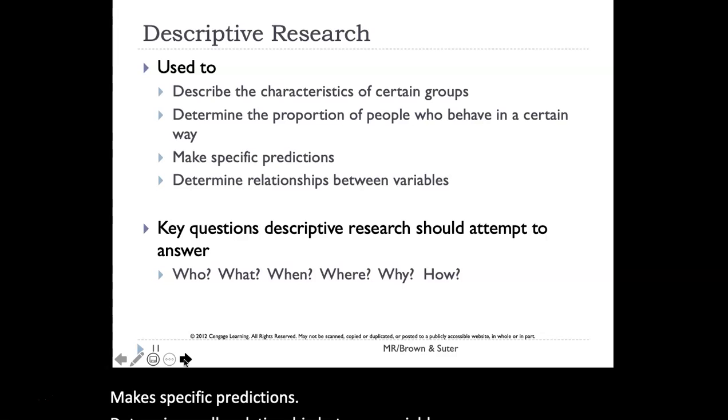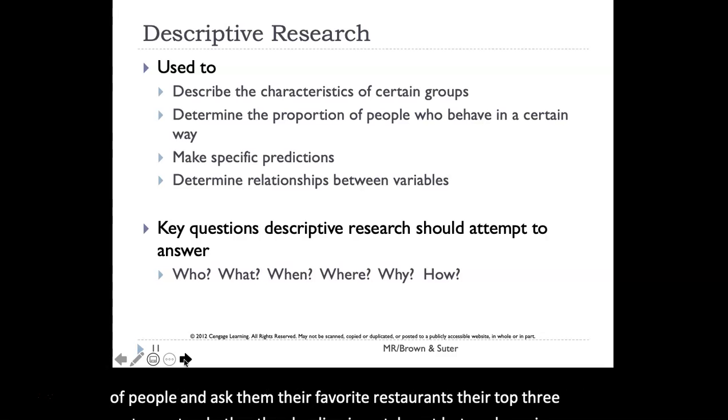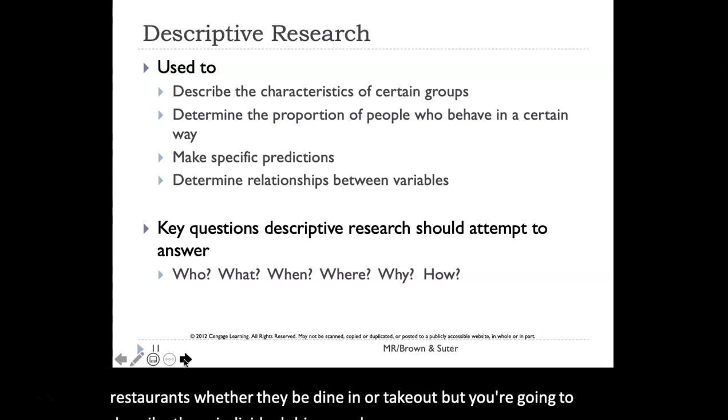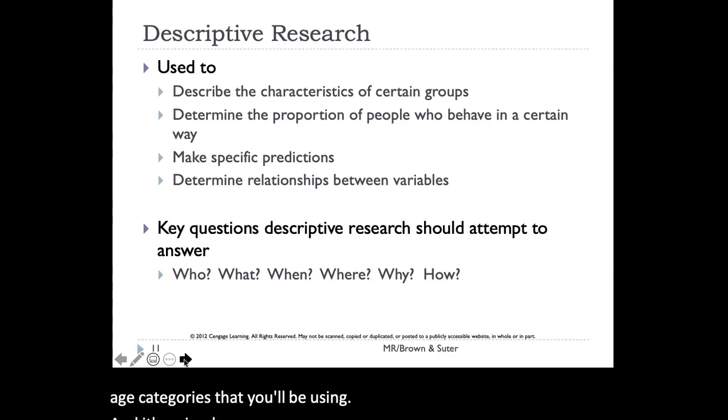So in your research, you're going to be asked to interview just a handful of people and ask them their favorite restaurants, their top 3 restaurants, whether they be dine-in or takeout. But you're going to describe those individuals by sex, male or female, and age. There's several age categories that you'll be using. And it's just a simple descriptive research example.